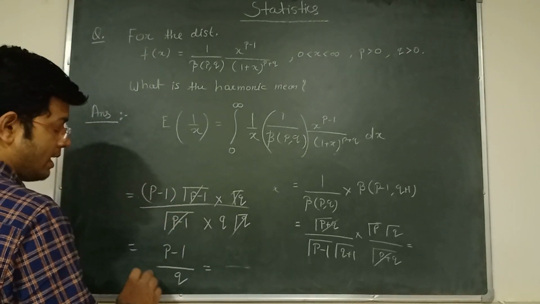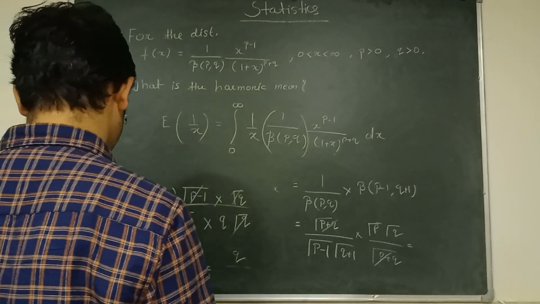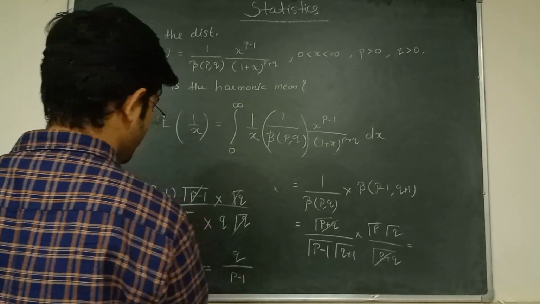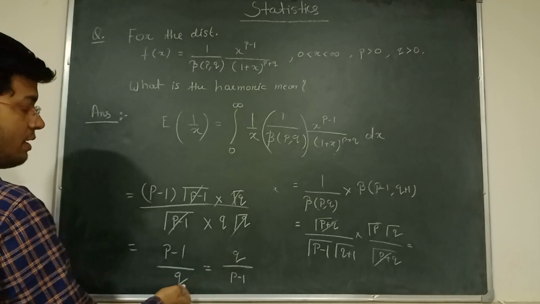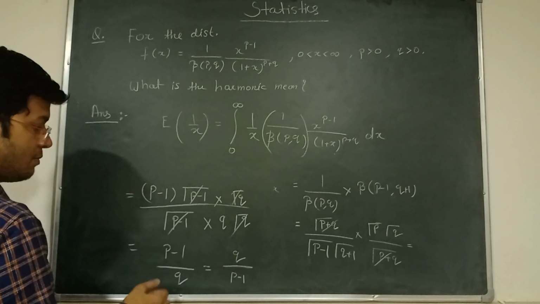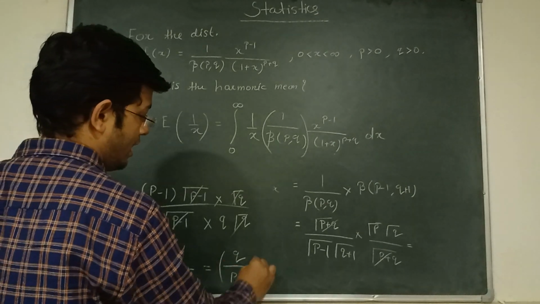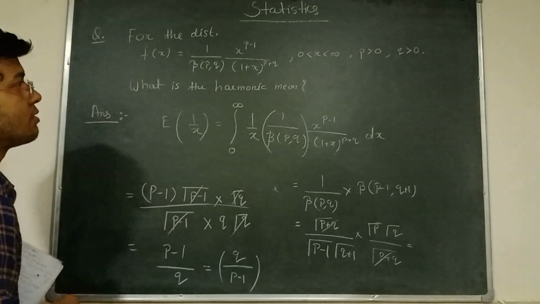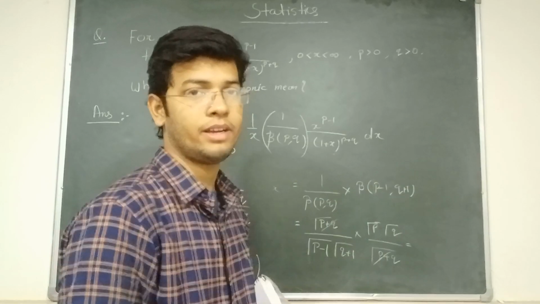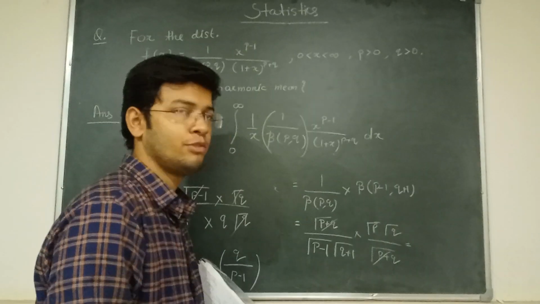So p minus 1, if we turn it around with q and 1 minus p: just change this to p minus 1 is equal to minus q, and q is equal to 1 minus p. So we change this position and cancel out the minus, and we have found these values. So this is the question of the harmonic mean. Just solve it, but it is very difficult to find out because in this question we have been given the beta distribution.